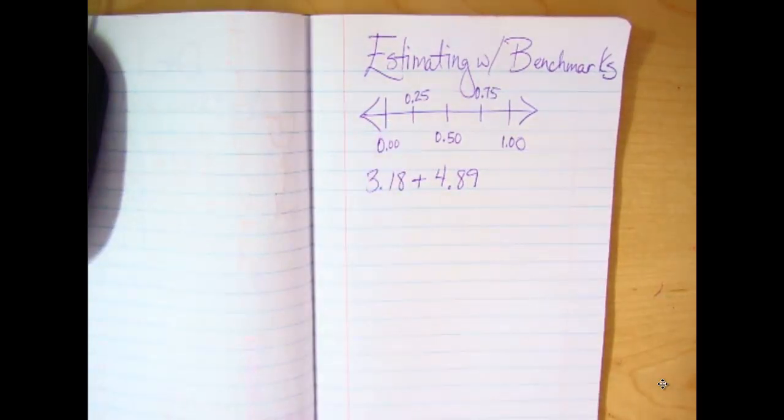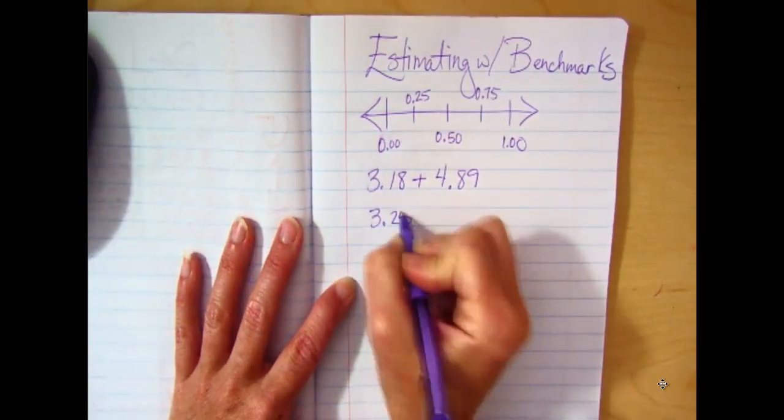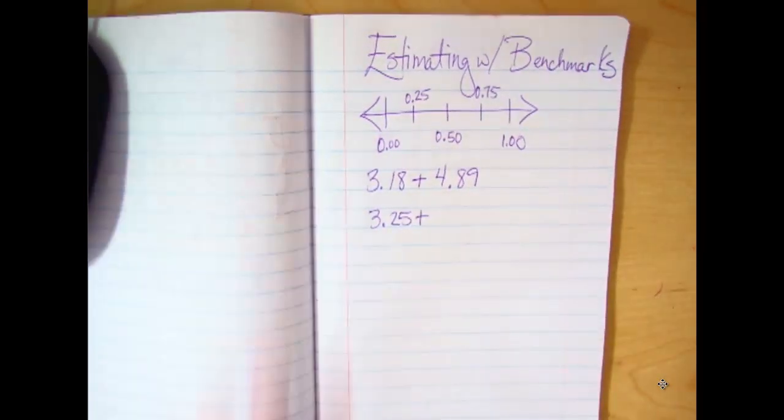Then I can figure out, am I going to round it down to $3 or $3.25? Which one's it going to be closest to? 25 cents, because it's only 7 cents from being $3.25. So when you're doing benchmark questions, a lot of times you'll see all your answers end in 25, 50, and 75.